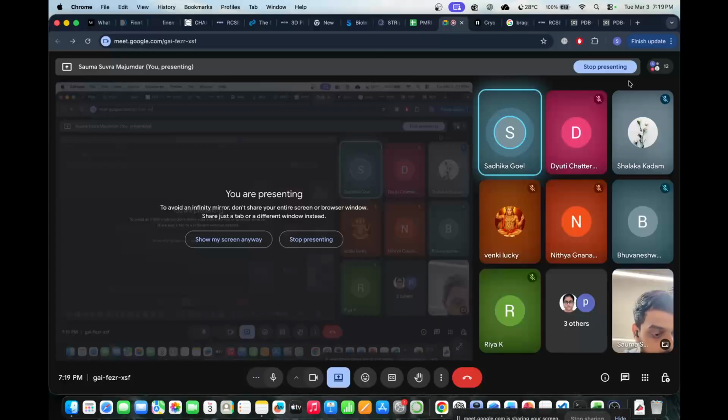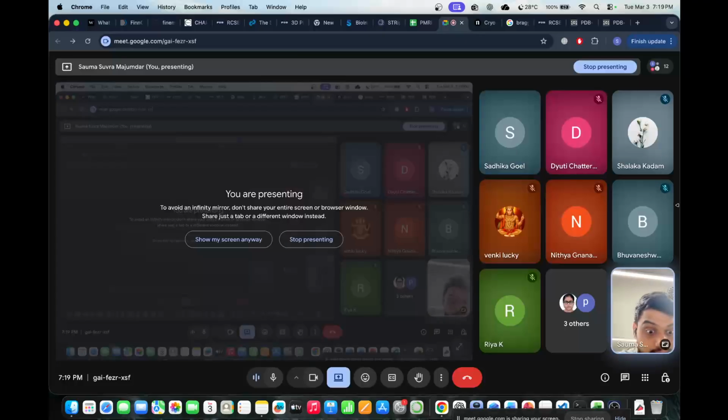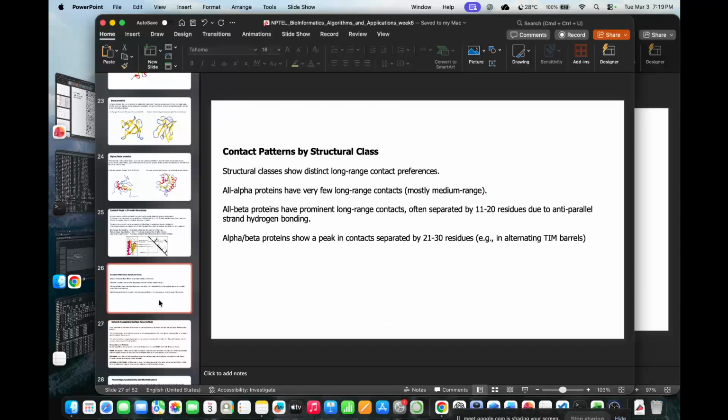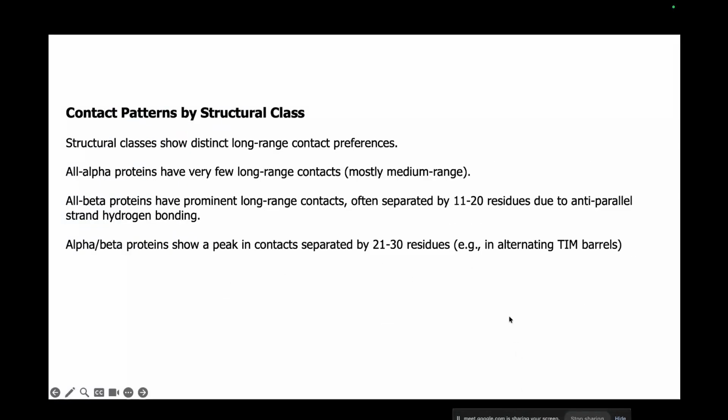Sir, so alpha and beta together, alpha beta proteins have long range contact. Yeah, it will depend on the structure. Here I'm saying that alpha beta proteins will have very long range contact, but it is going to be true if you consider an amino acid in the alpha helix contacting an amino acid in a beta sheet, because if you have both alpha and beta secondary structures, one is going to fold on another.